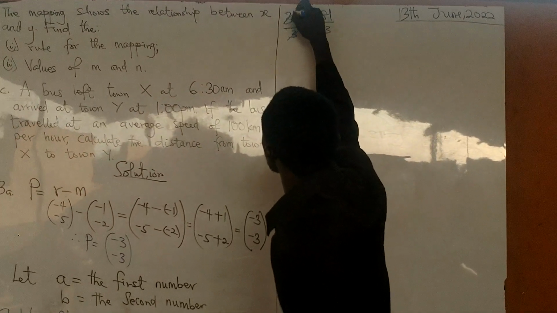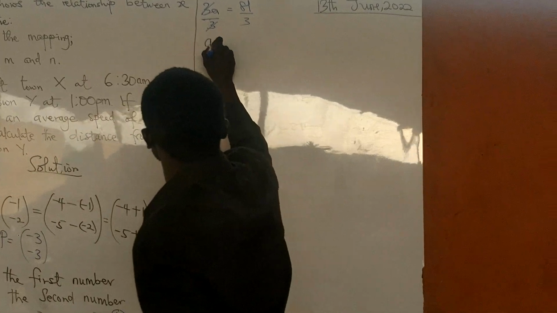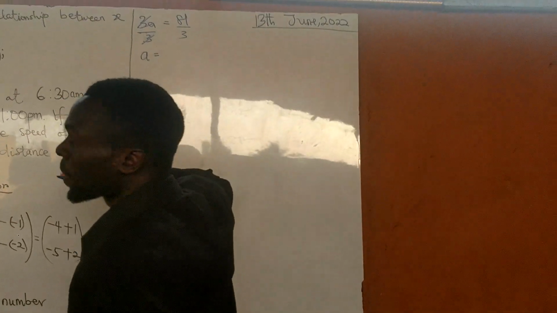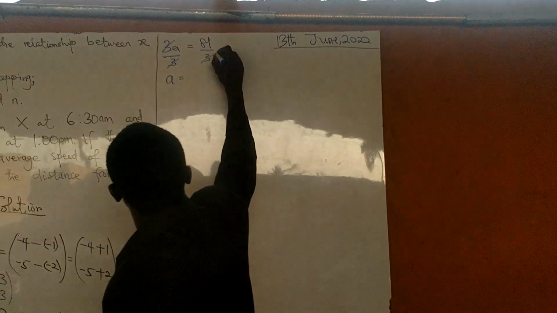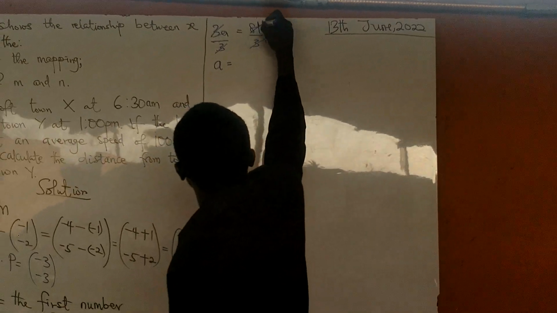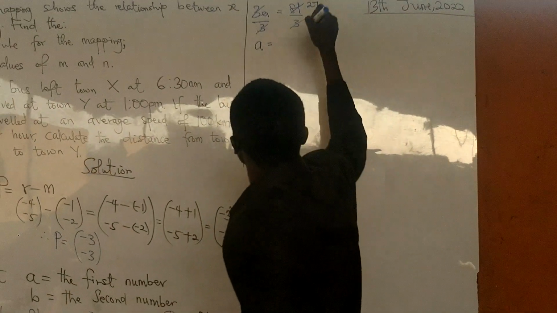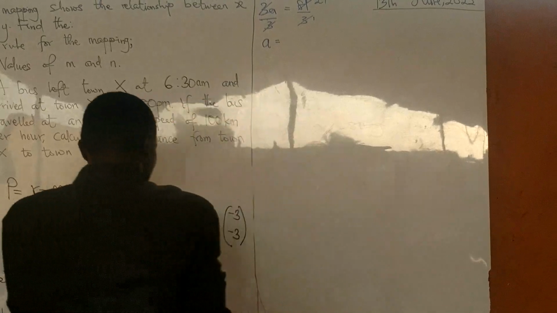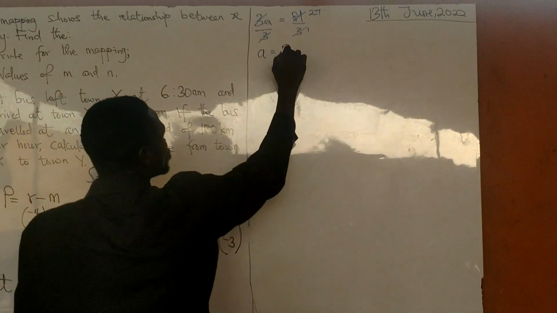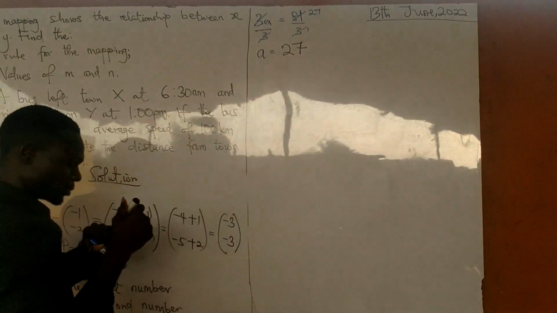This will cancel out, giving us a is equal to 81 divided by 3, which is 27. So a is equal to 27.